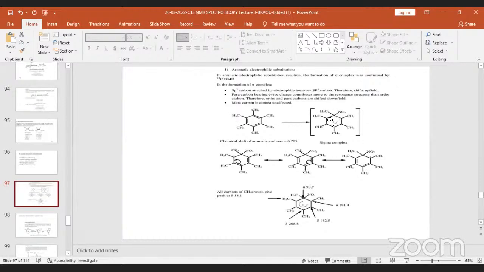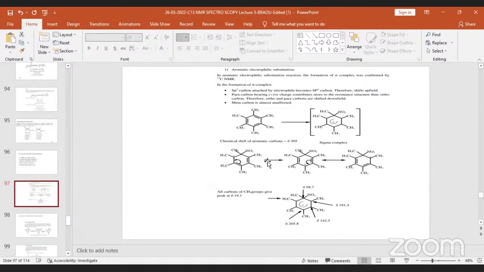The one carbon where the nitro group is attached becomes sp3 hybridized, and all other carbons are sp2 only, and the positive charge is distributed among the other 5 carbons. Ortho and para will be more electron deficient.